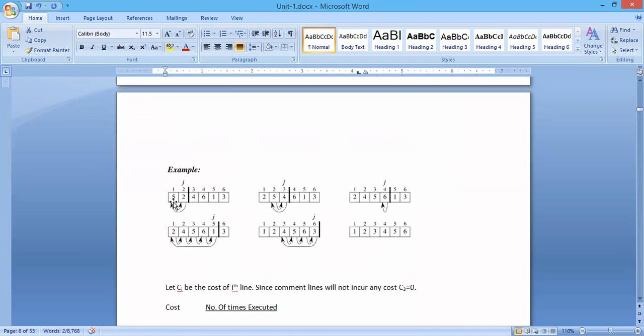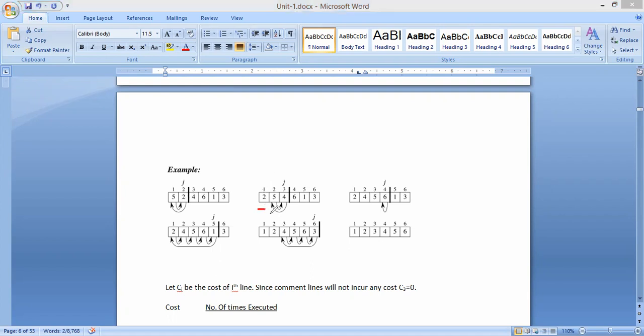Let's suppose initially we have 5 and 2. Whichever value is larger is transferred to the next place. We are swapping the two values, so next we have 2 5.